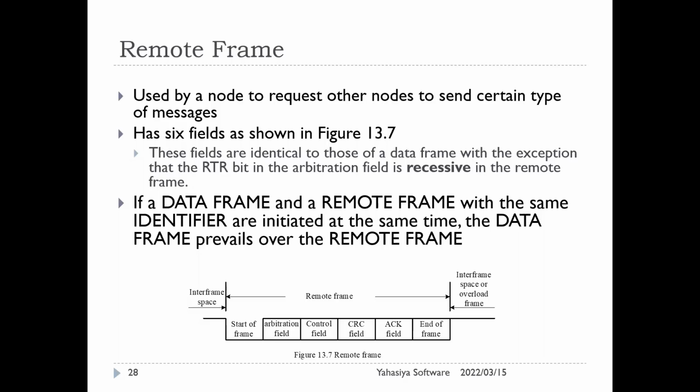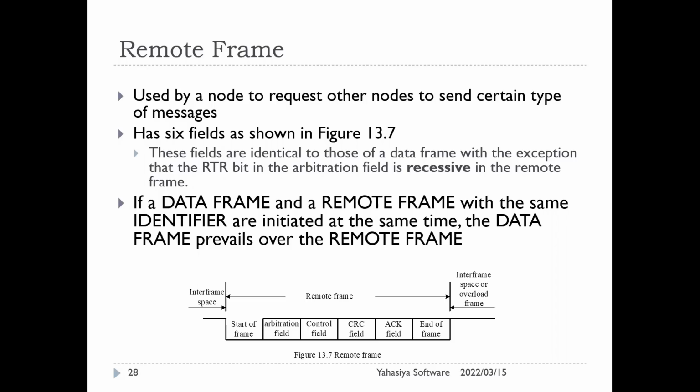Primarily in this frame, the ID is the very important data. The remaining things are handshaking. To make a frame be successfully acknowledged and transmitted, those handshaking signals are required. Other than that, the primary aim of a remote frame is reporting the identifier of the packet. That is its purpose.